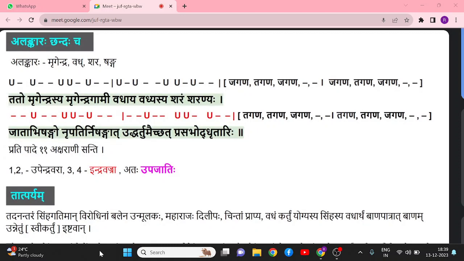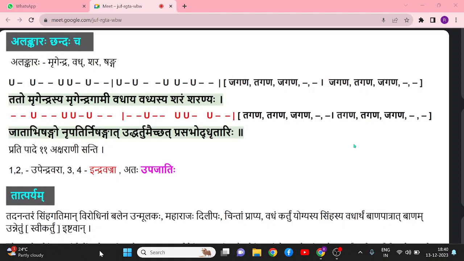Then the king, with the lionly gait, who conquered his enemies by his might, who is a haven, that is a refuge giving shelter for the sad and needy, that Dilipa, though felt humiliated at first by this sudden attack, immediately intended to upheave an arrow from the quiver to slay the lord of beasts, which deserved to be slayed.